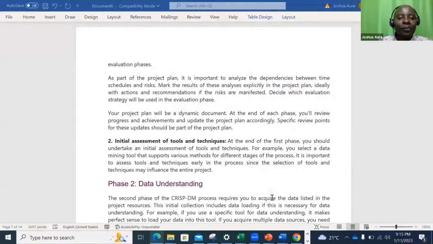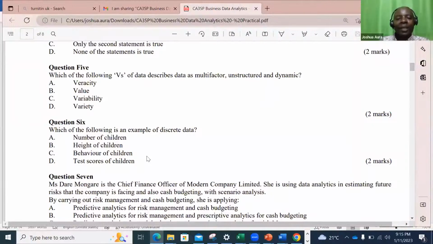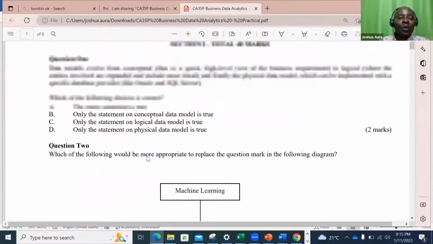How is it tested? Like there is theory and practical. So how it is tested is like this. Like now, this is last semester's paper. It has two sections.